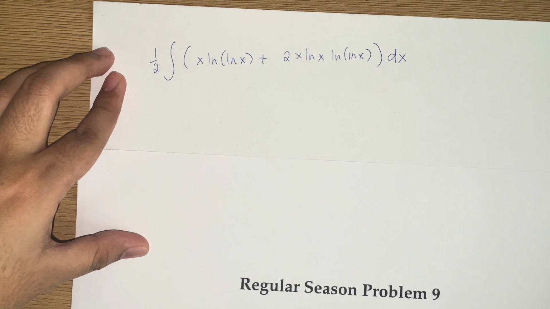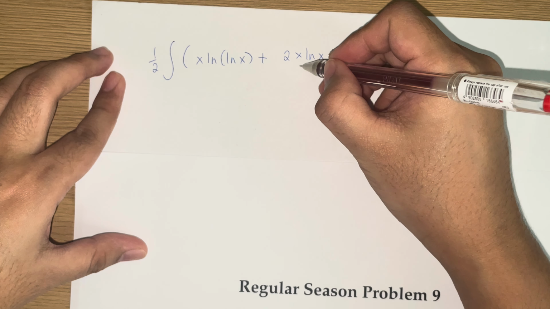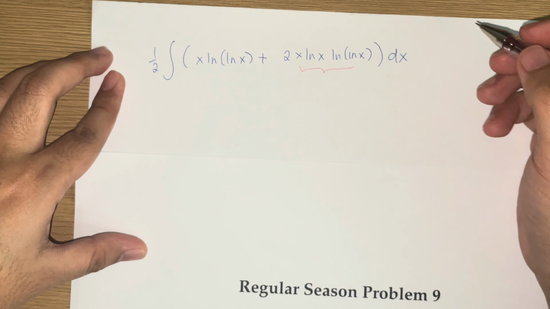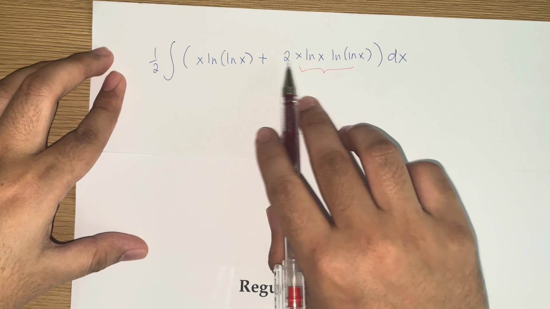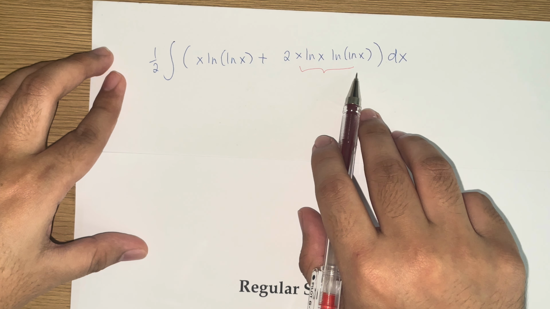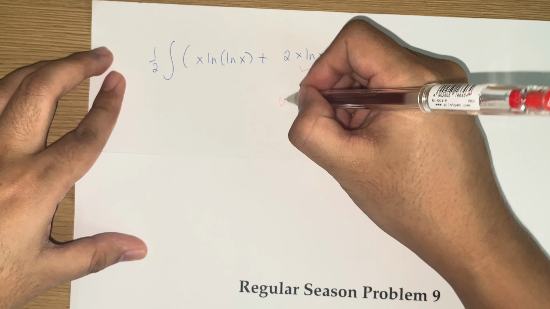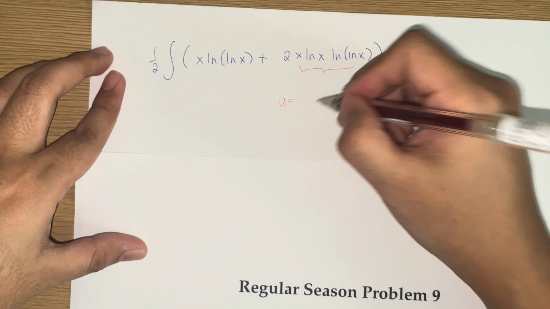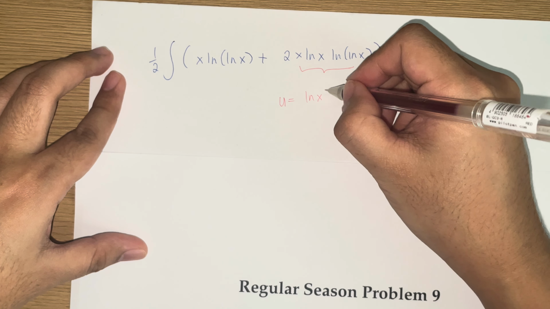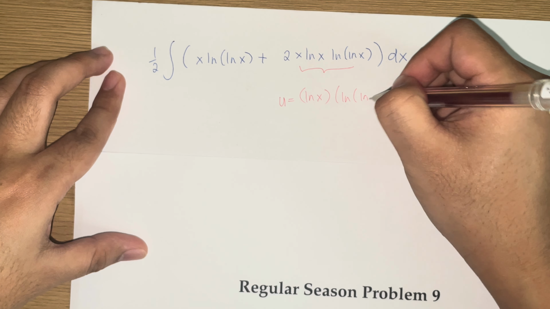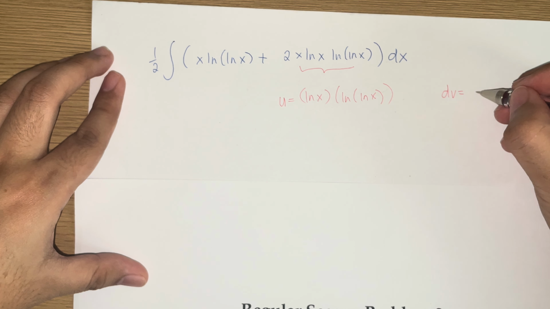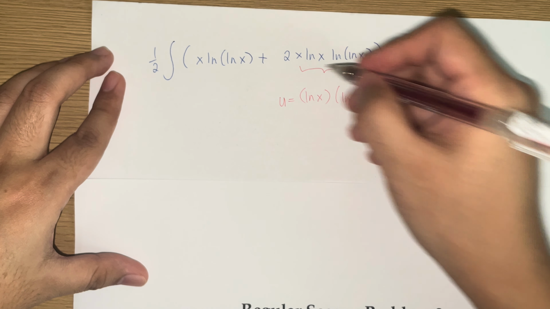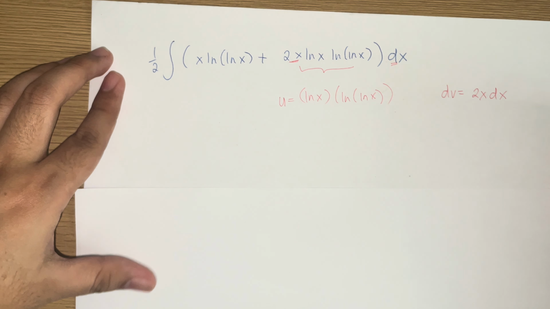We use integration by parts on this side, this 2x ln x times ln of ln x, where we let u equal ln x times ln of ln x, and we let dv be 2x dx.